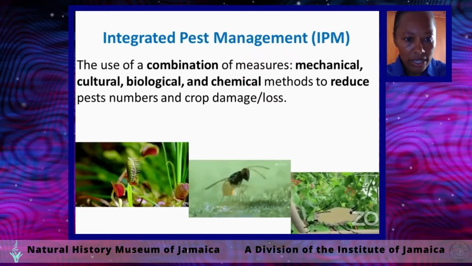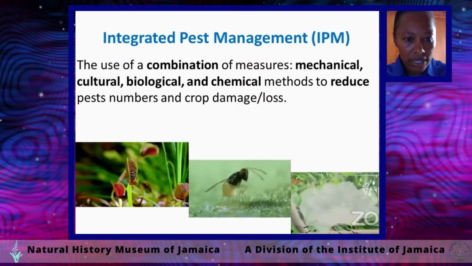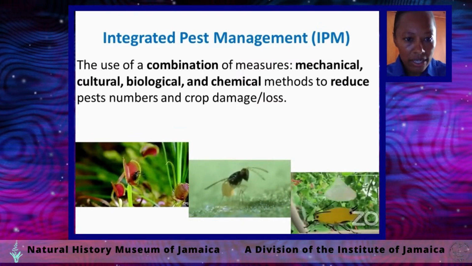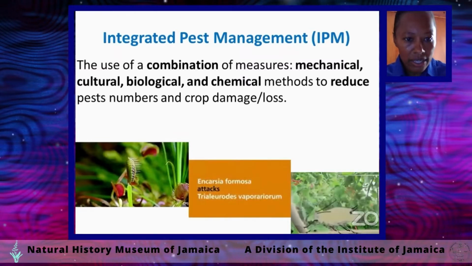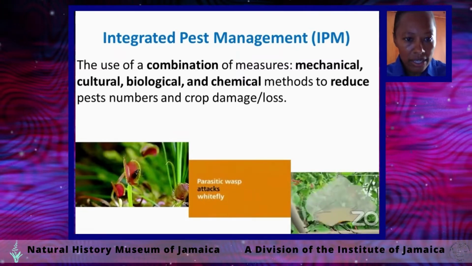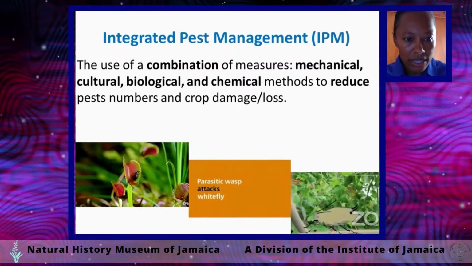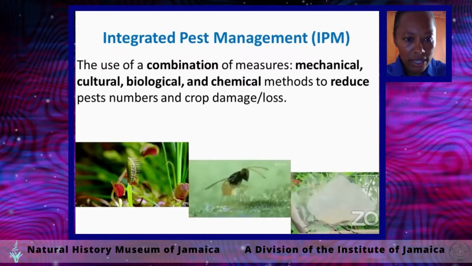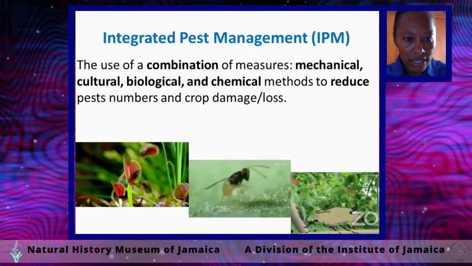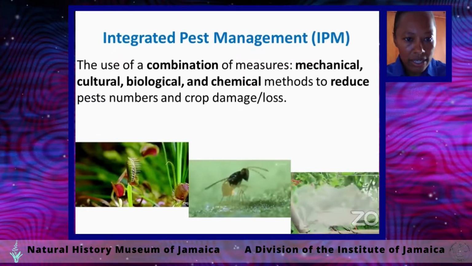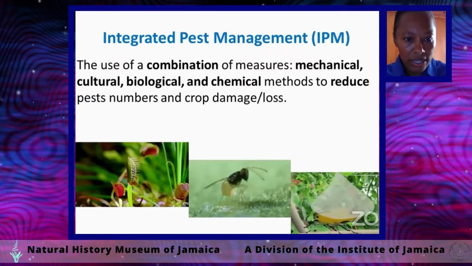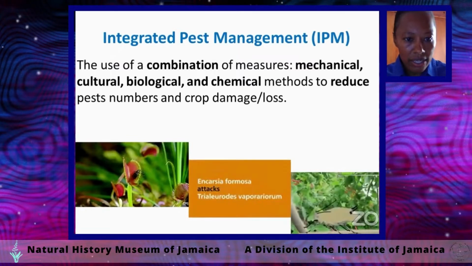Now, I should also mention that no one strategy, no one management technique, will reduce a particular pest population significantly. It is always better to use multiple approaches to try to manage a pest population.